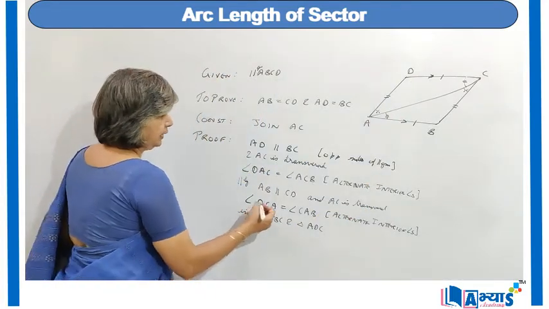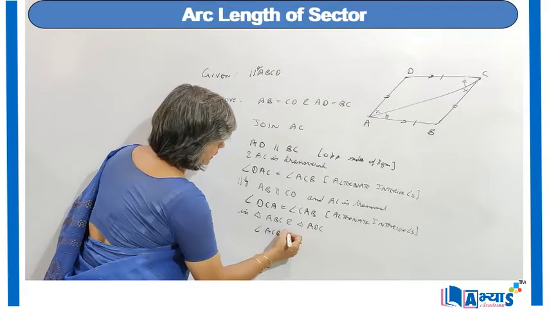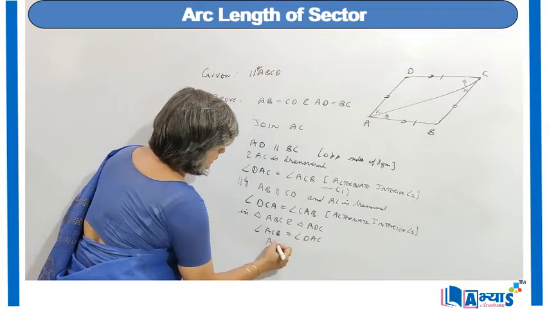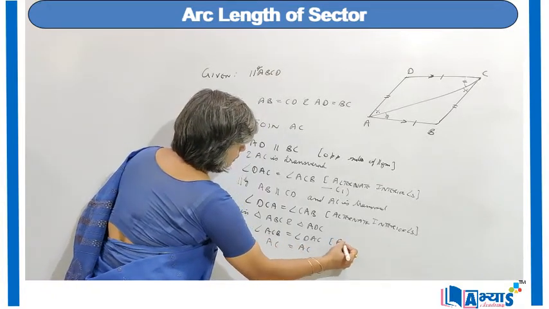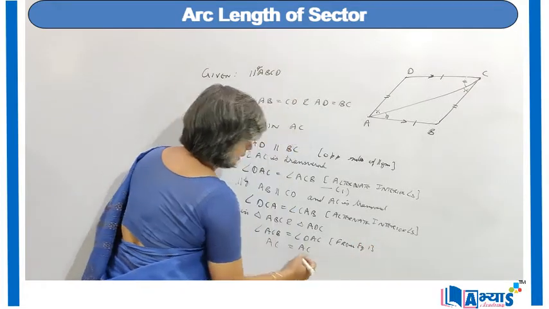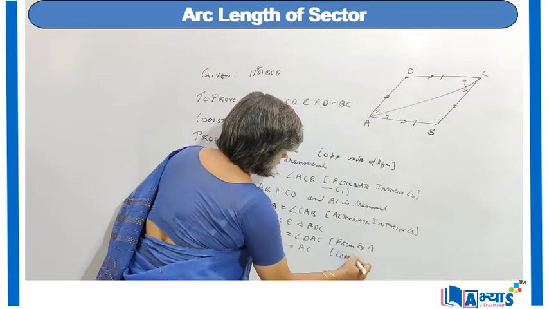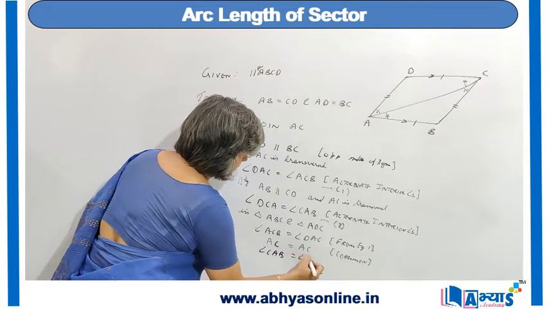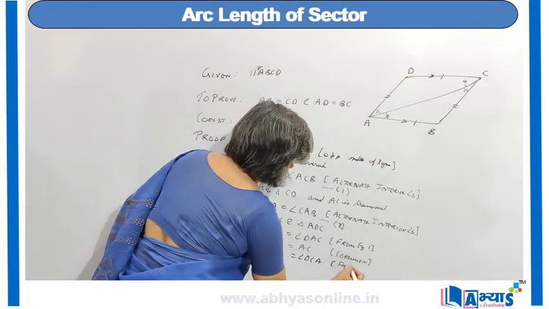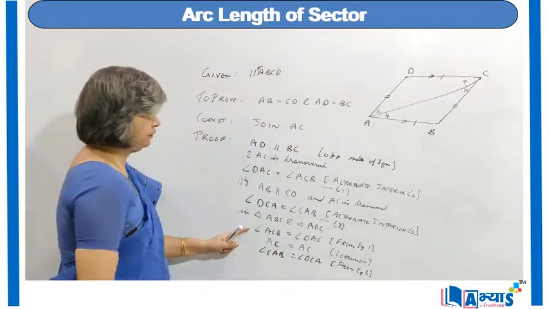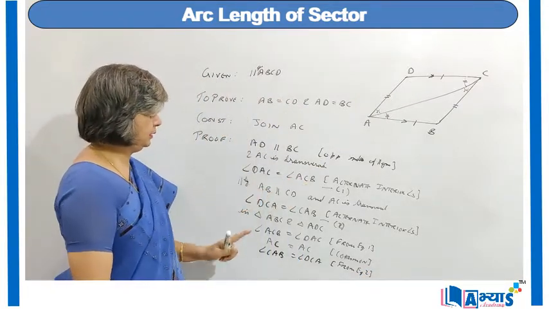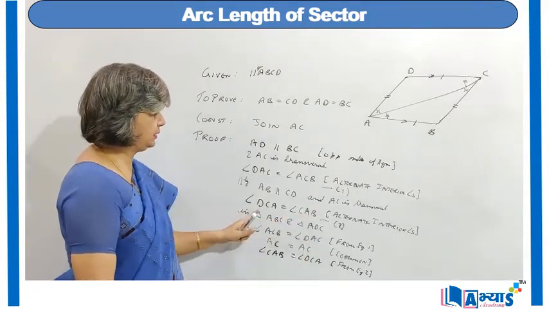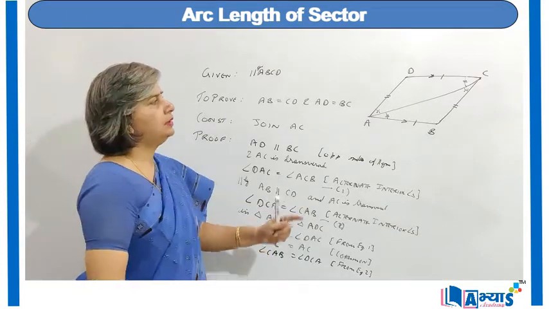So we know that angle ACB is equal to angle DAC from equation 1, and AC is equal to AC, it is common in both, and angle CAB is equal to angle DCA from equation 2. So now we have angle, side, angle.